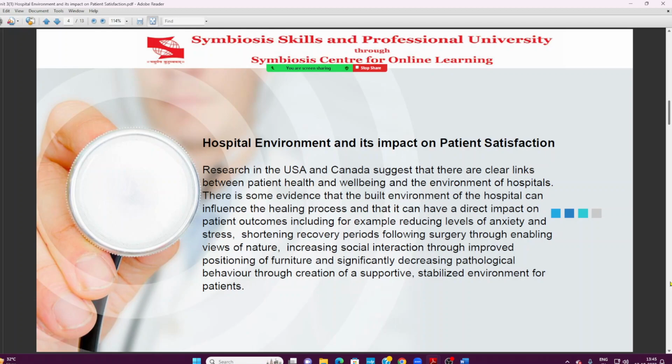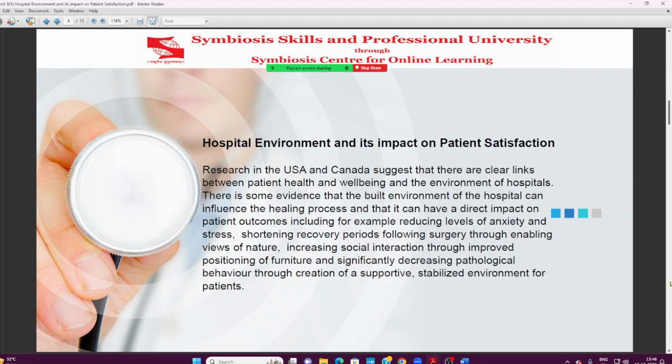In fact, we have seen two types of environment: micro level environment and macro level environment. Here, micro level environment is important when we talk about the safety and health of the patient as well as of the medical staff. The hospital environment can have a direct impact on patient outcomes, including, for example, reducing the level of anxiety.